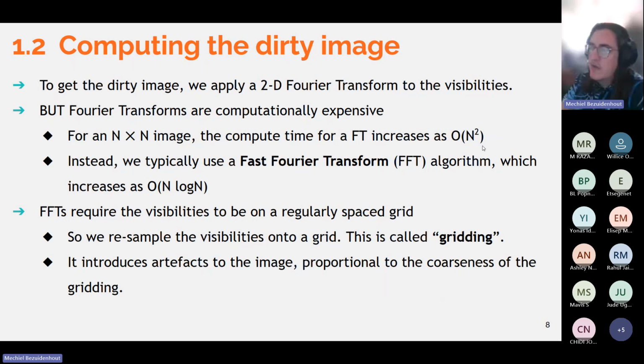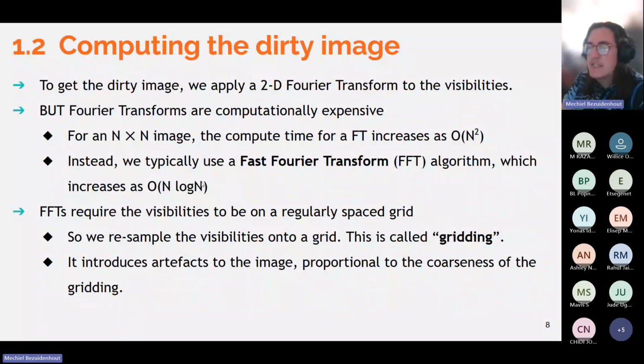So if you have a big image of the sky, very quickly it takes very, very long. So typically, instead, we use what's called a fast Fourier transform algorithm, or an FFT, which is an optimized algorithm which increases in compute time as n log n. So it makes things significantly faster, especially for big images.